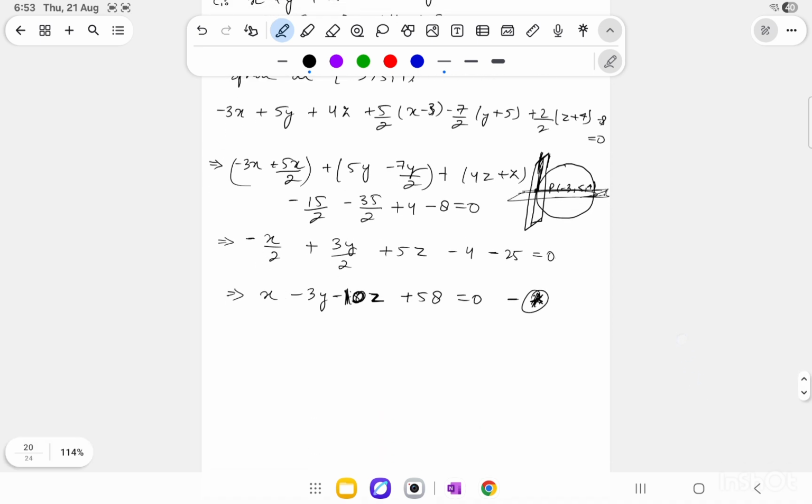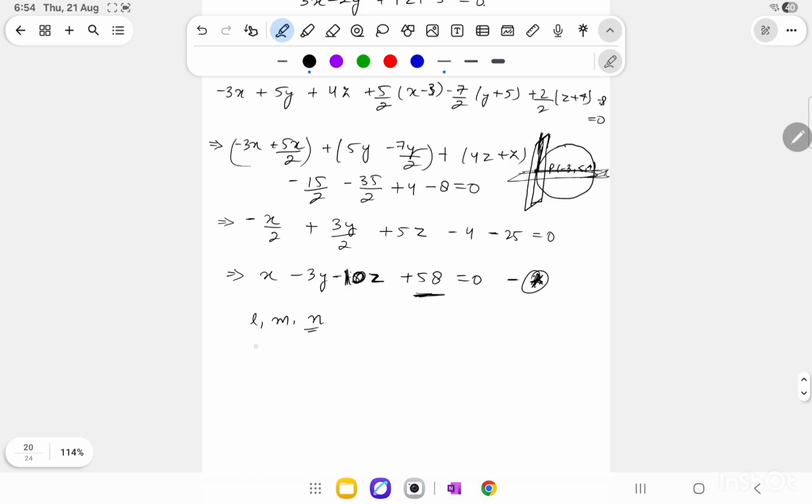So if L comma M comma N are the direction ratios of the tangent line, then that tangent line must lie in this plane as well. And here 1, -3 and -10 are the direction ratios of the normal to the tangent plane. So using that, I got L minus 3m minus 10n equals to 0.